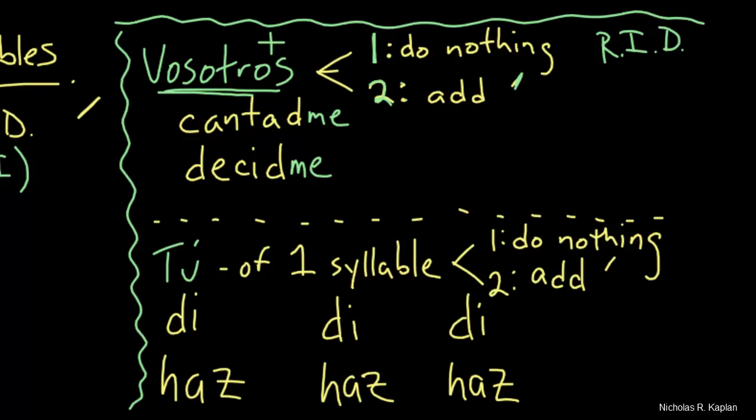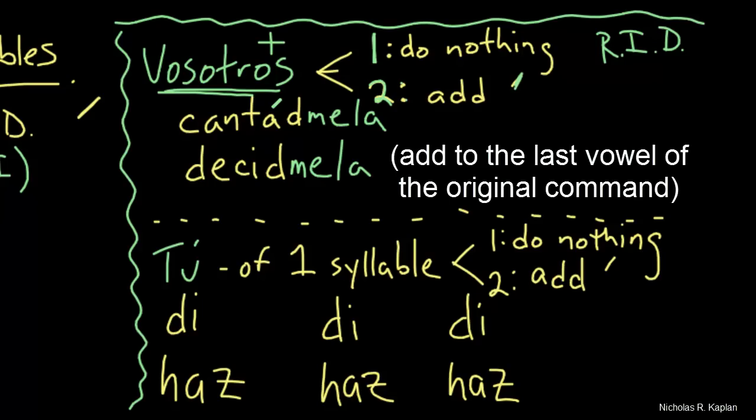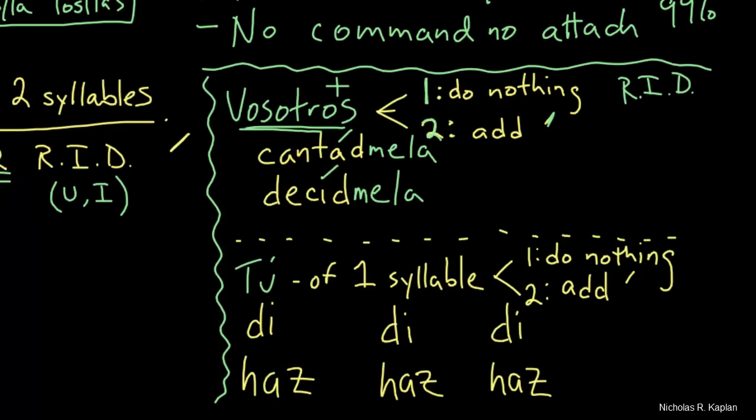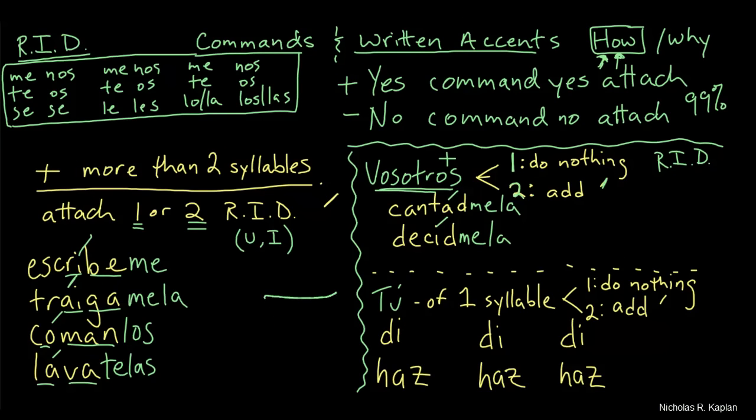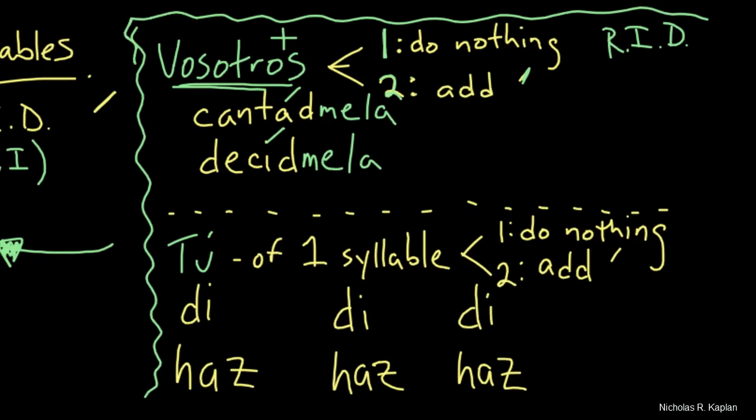So if you wanted to say, like, sing it to me, or tell me it, then we need to add a written accent, and we are going to do that on the last vowel. So over here, almost all of the time, whenever we add 1 or 2, we're going to count back 1, 2, accent.